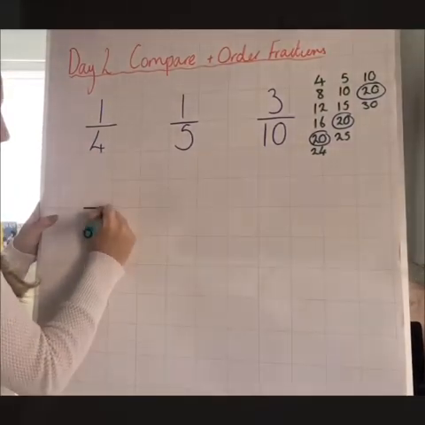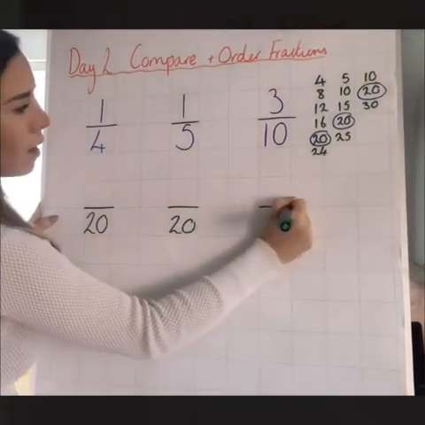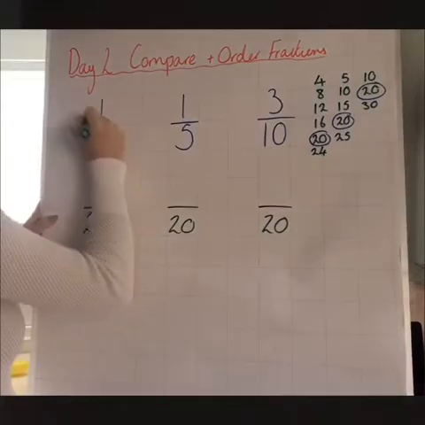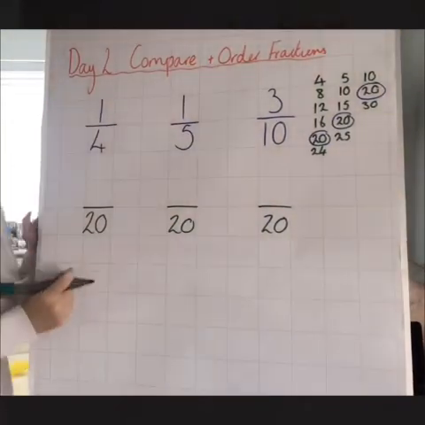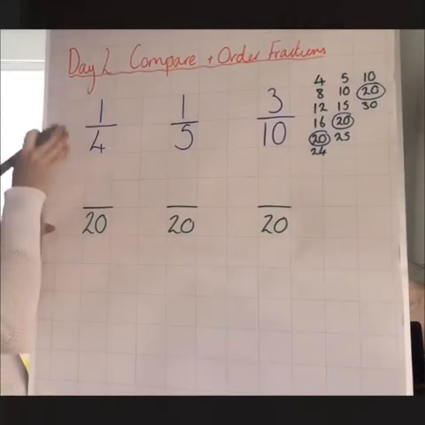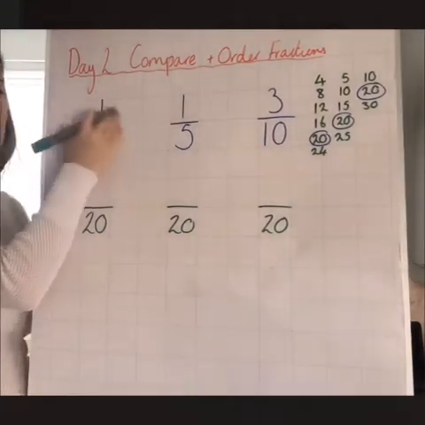I'm going to get my denominators ready, and I am going to use my jumps, as I call them, or you call them arrows, to make sure that, again, whatever I do to the bottom I do to the top, whatever I do to the top, I do to the bottom.